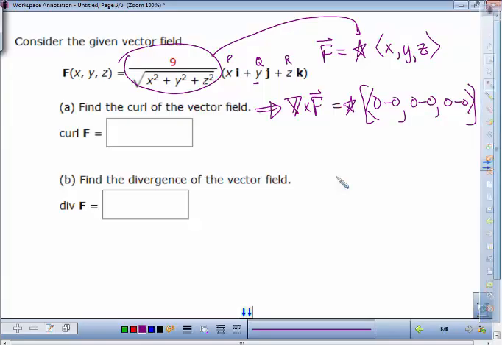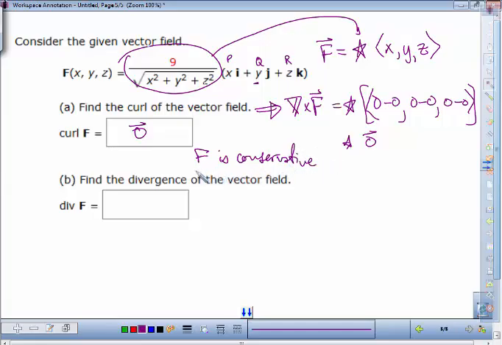Conservative. It is. So remember they were talking about conservative yesterday, a conservative vector field, if those two things are equal. Well, that's the simple case in 2 dimensions. It turns out that if you get the curl and the curl is equal to 0, like in this case, then this is conservative. So that's a definition that we're going to write down a little bit later. But this is going to be the 0 vector, so we say that this vector field F is conservative. Remember that word yesterday, conservative?